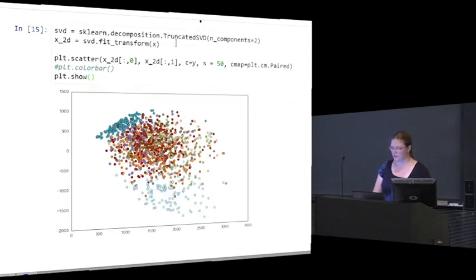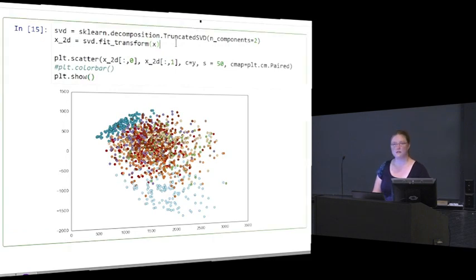So the SVD projection just got a lot simpler as well. Here's just a function in sklearn that happens to be called truncated SVD, and you just give it the number of components that you want. This is the number of dimensions you want your data to live in from now on. So it's two-dimensional to give us a scatter plot.